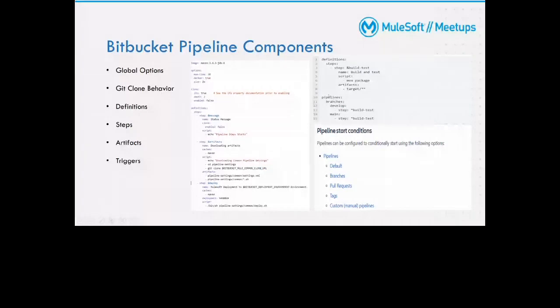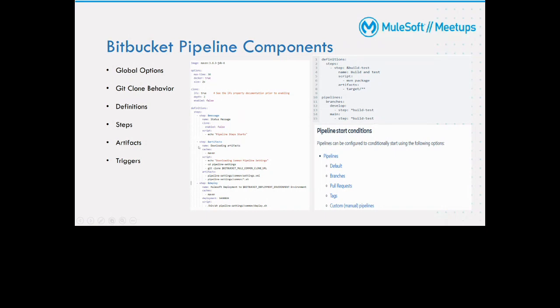So this pipelines is your actual steps which you have written, and the definitions is where you have defined those steps. Once the step is defined, you can use the same step in your pipeline. So if you want to use it in different branches, you can use the same step in different branches. That is why we use definitions to define the steps, so that those steps can be utilized when we are writing the actual pipeline code.